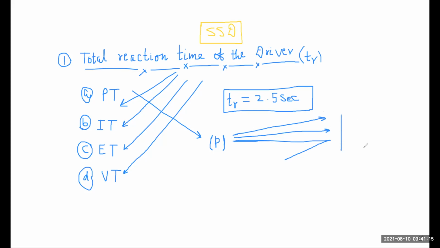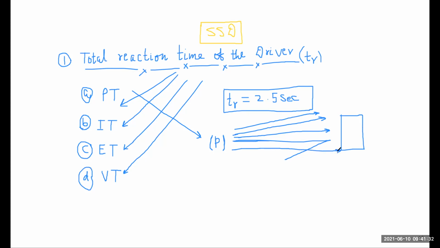If he does not perceive the object, then no signal is given to the brain, and he does not have enough time available to stop his or her vehicle. So he meets with an accident.